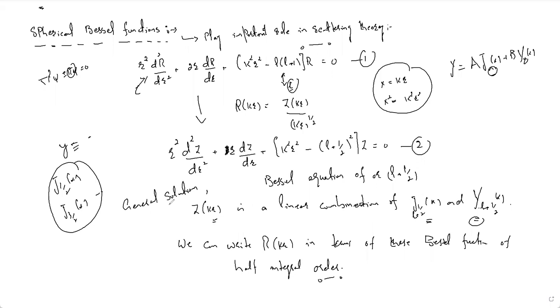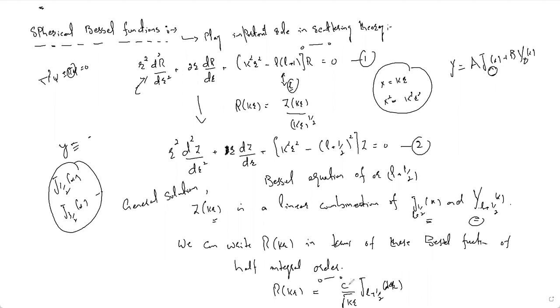So this R(kr) I can write in terms of these Bessel functions. As I said, R(kr) can be written as some constant C divided by the square root of kr, times J of l plus 1/2 of kr, because it is a function of kr.